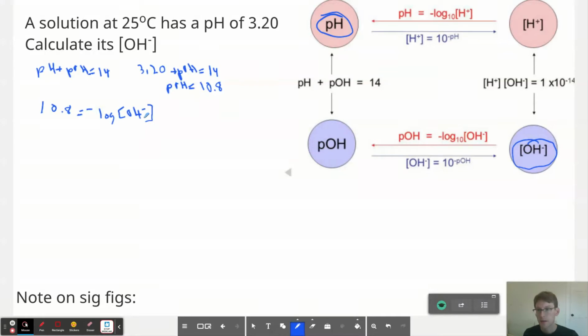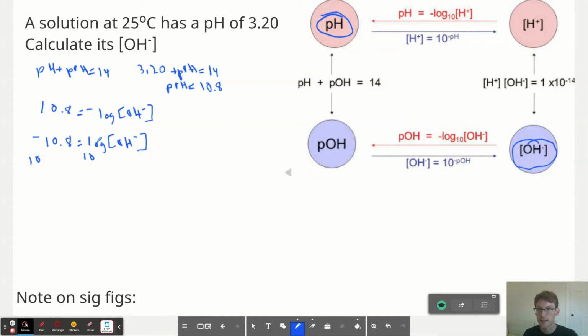And you may not be as familiar with logs, but the inverse operation of the log is 10 to the something. So if I take this negative sign from here and I move it over here, I'm saying that negative 10.8 is equal to log of OH minus. What I can do from here now is say 10 to the log of the OH minus is equal to 10 to the negative 10.8.